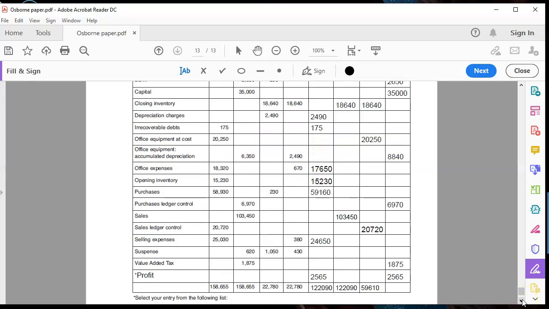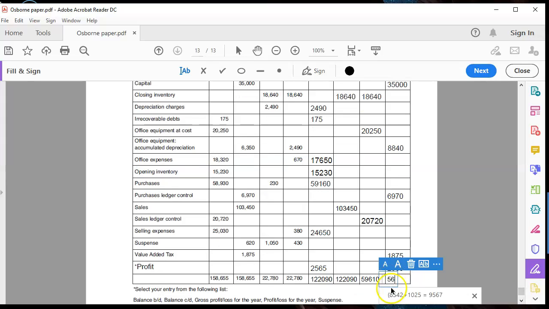Plus 1875 your VAT plus 2565, which is your profit. So this is also totaling with 59,610. So when you are doing the totaling of the SOFP, don't do balancing. Once you calculate and transfer the profit, these two totals should match automatically. If they do not match, that means you know that there is an error.